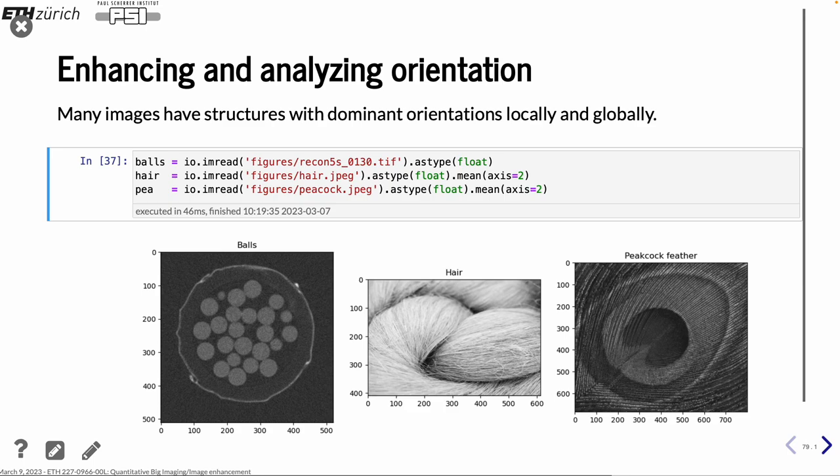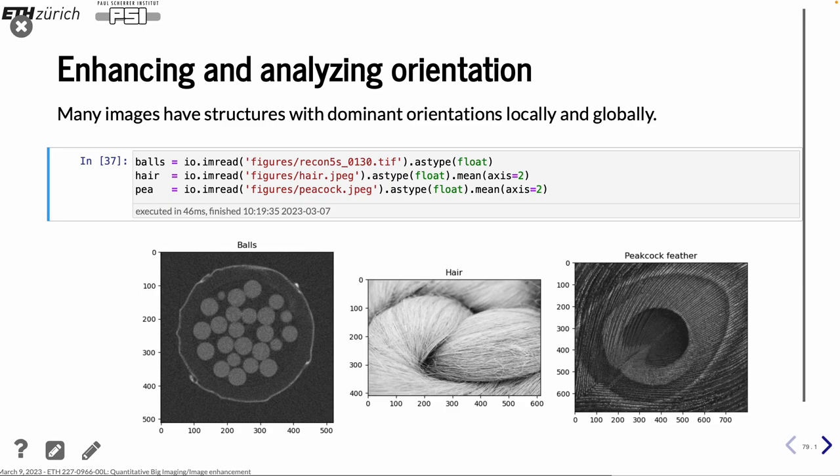So if you have images like these, in this case I have a ball packing, some hair, and a peacock feather. Here you can see very distinct, clear structures: the round edges, also the boundary here. In the hair you can see that there are some preferential directions; you can see by eye that there is something in this direction and something in that direction.